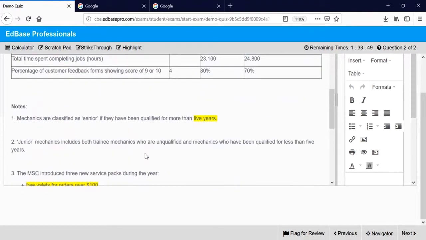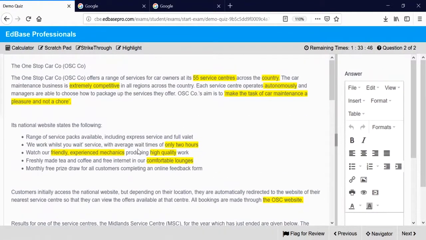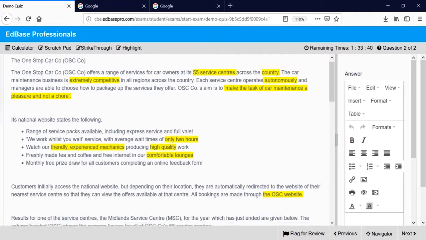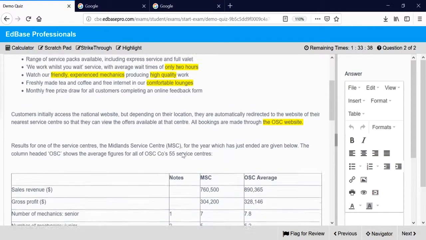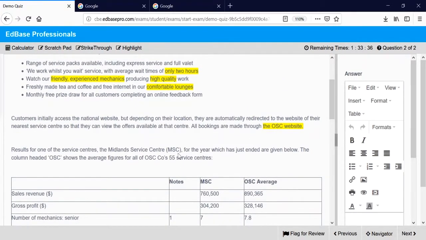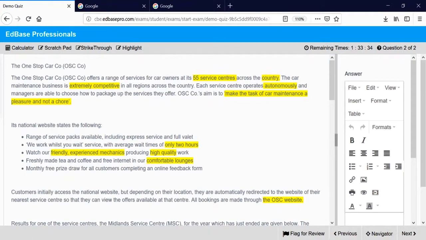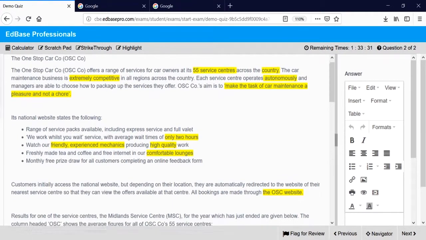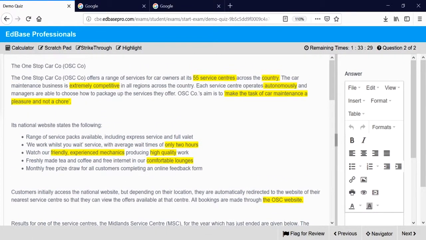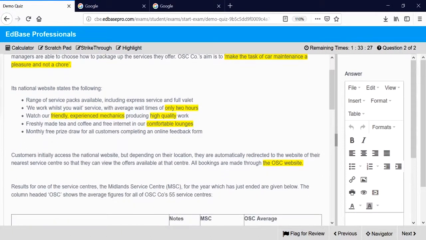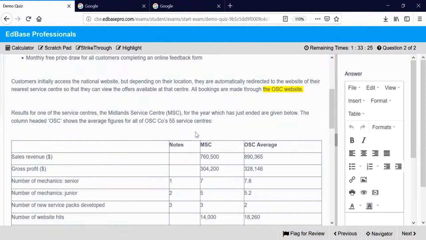Then read the question carefully and actively, so that you can grasp the situation. Then highlight the key points that you need to know. Don't highlight too much, just the key points, so that you have things visible to your eyes and can quickly get back to the gist.